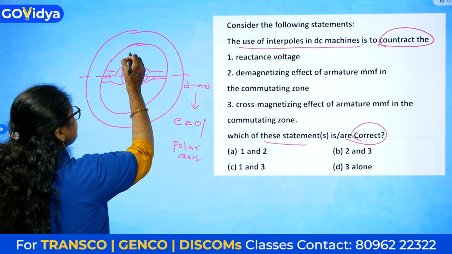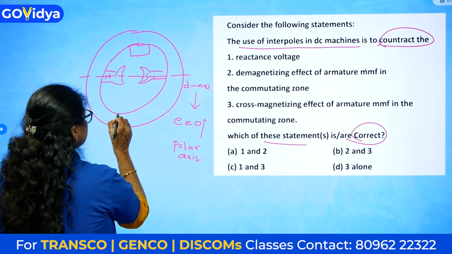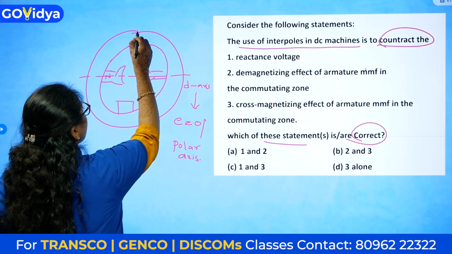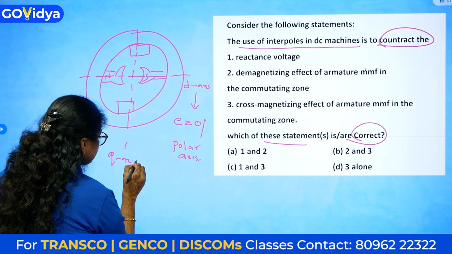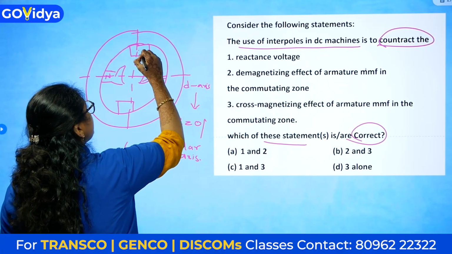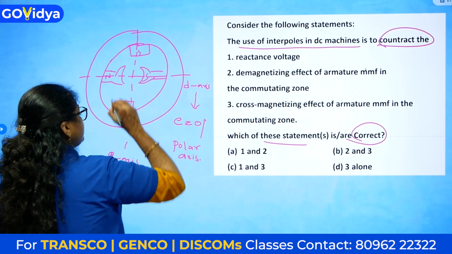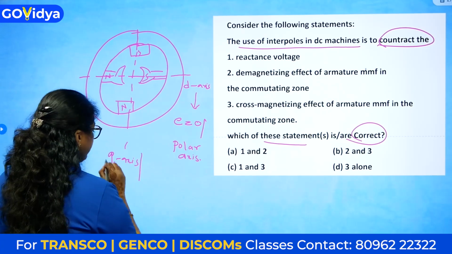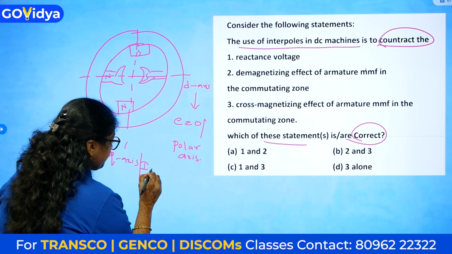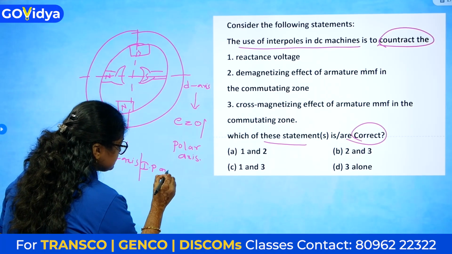So here the interpoles are located along the Q axis. We say this is Q axis or interpole axis.